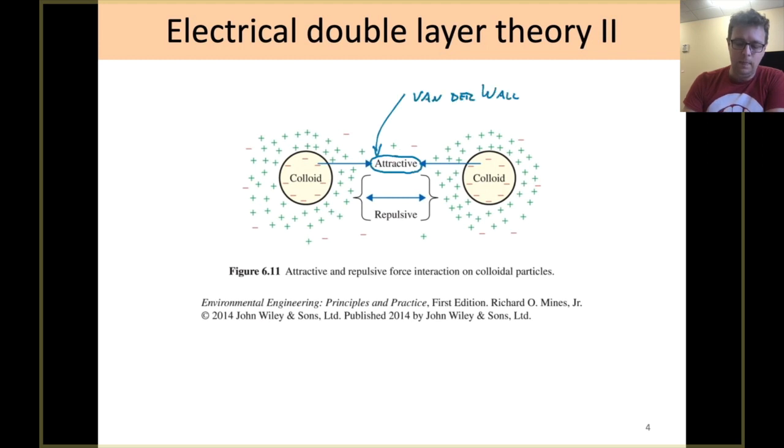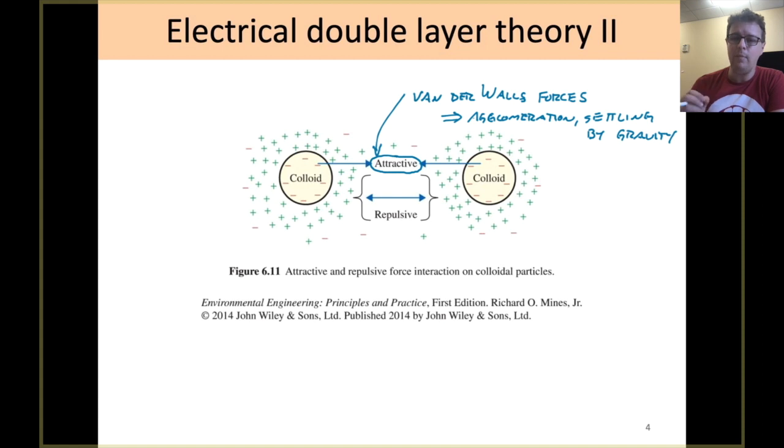In between our two colloids, there are two kinds of forces happening. We've got van der Waals forces, which broadly are pulling the colloids together and would lead to them aggregating, forming larger particles, or agglomerating and ultimately settling out by gravity.